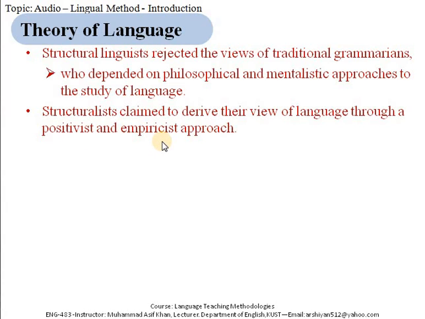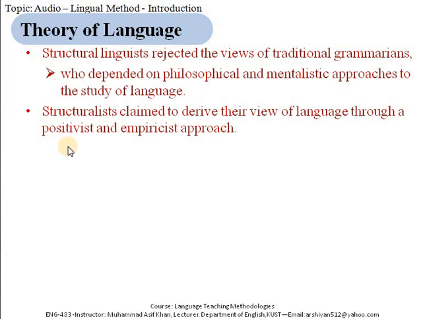And by positivism, I mean that it is a philosophical system that recognizes only that which can be scientifically verified or which is capable of logical or mathematical proofs. It means that they were viewing only that part of the language that is structurally available, and which we can recognize logically or mathematically.